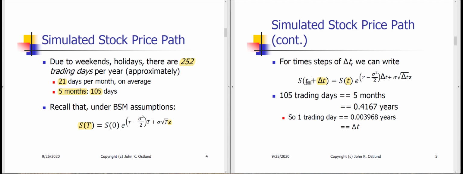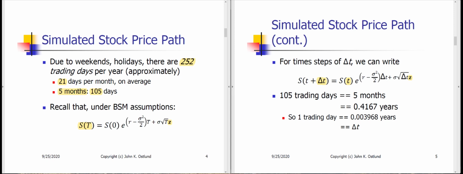Then the stock price at time t plus delta t is simply that same formula where we just replace capital T with delta t. So if we are currently at a stock price of S sub t, then we can simulate the stock price at S sub t plus delta t by drawing from a standard normal distribution and applying this formula.